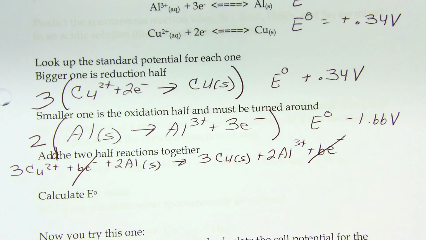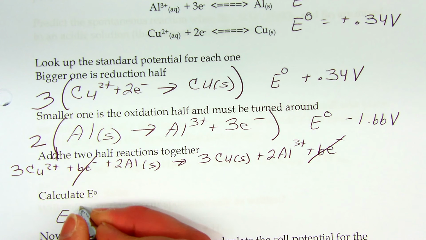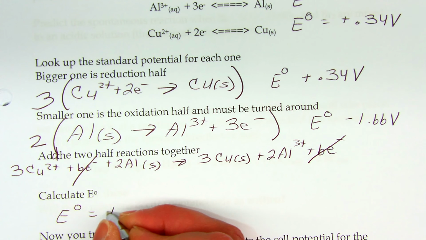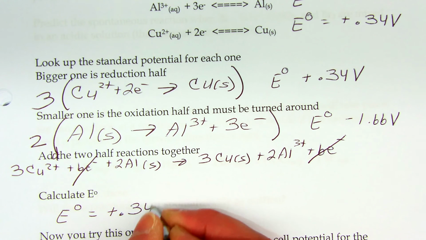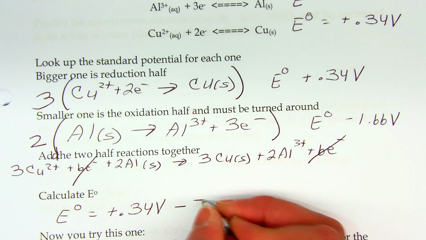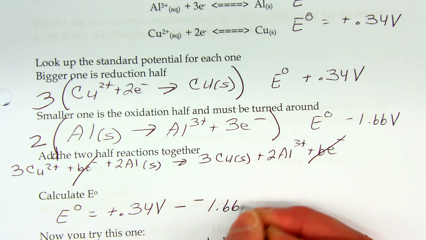Now I can calculate the standard cell potential E0. So E0 is equal to the reduction half potential, the larger number, which is the copper, positive 0.34 volts, minus the smaller number, the aluminum, a negative 1.66 volts.